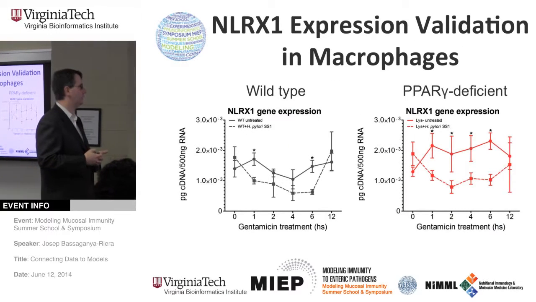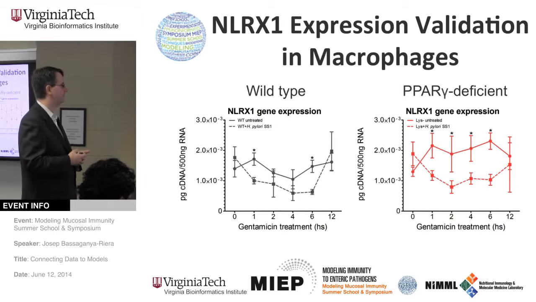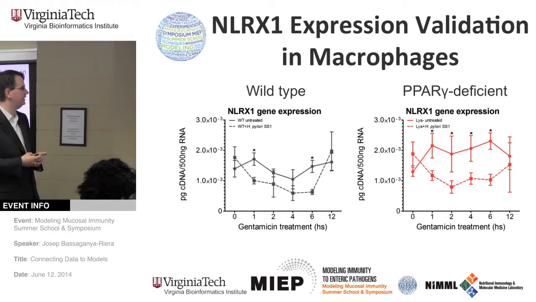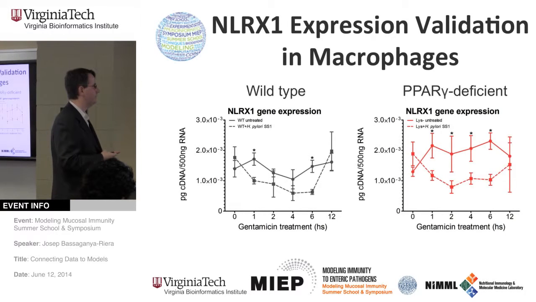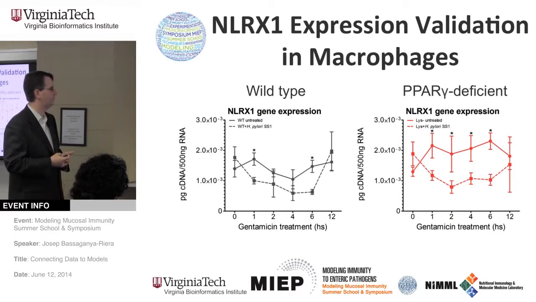And so if we look at NLRX1 expression and validation in macrophages, we see that when we compare wild type and PPAR gamma null macrophages, there's a difference in terms of NLRX1 expression. That's the validation by real-time PCR of RNA-seq data.